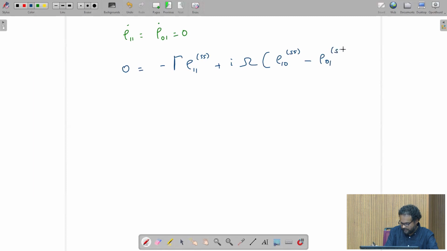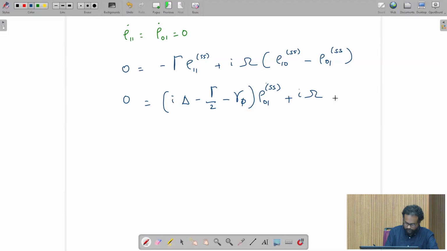The second equation will become I delta plus gamma 2 times rho 01 steady state plus I omega times the population difference.